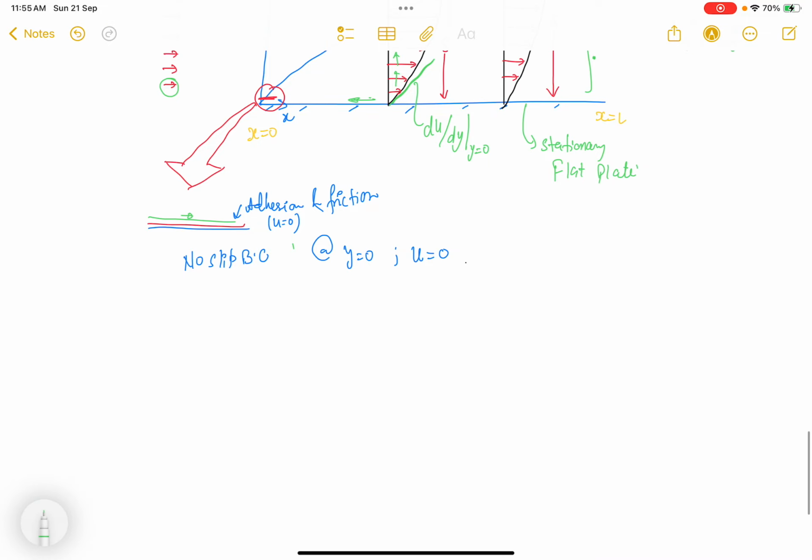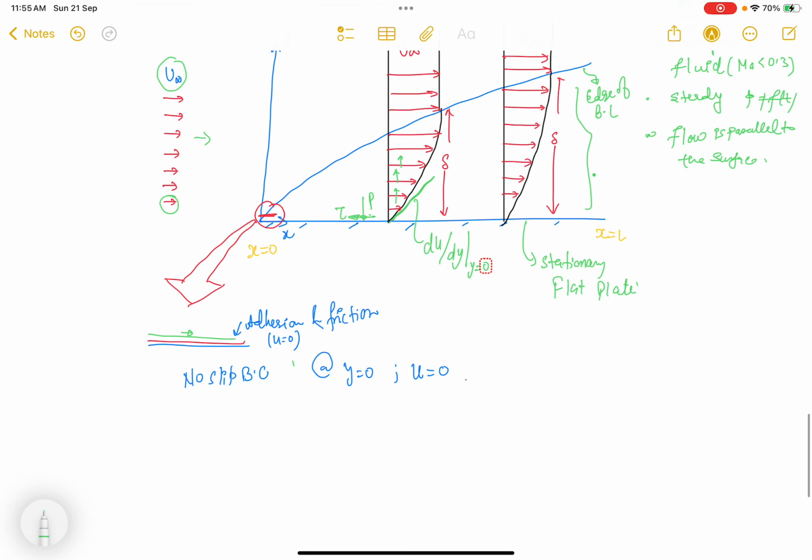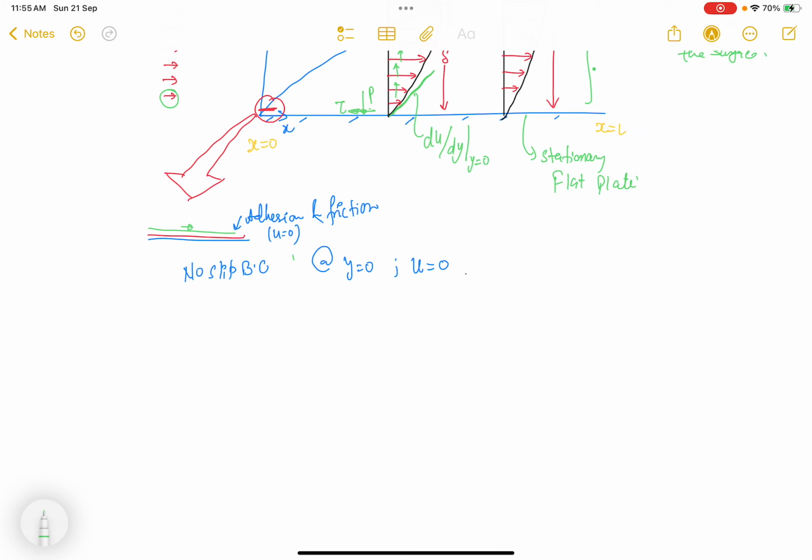So on the surface, shear and pressure forces are applied by this fluid motion, and there exists a resultant force, and the horizontal component of this resultant force is known as the drag force, and the drag force per unit area is known as shear stress, right? So let me write it in terms of expressions. So drag force per unit area is the shear stress, which is nothing but the wall shear stress.